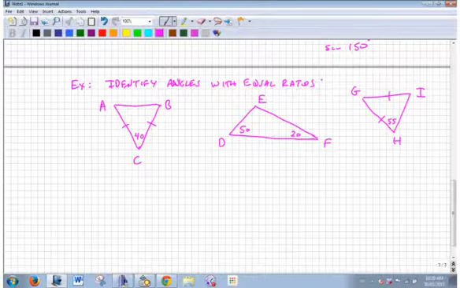Okay? So, tricky part. What kind of a triangle is this? Yeah, but what two angles are the same? So is this 140? Is this 140?